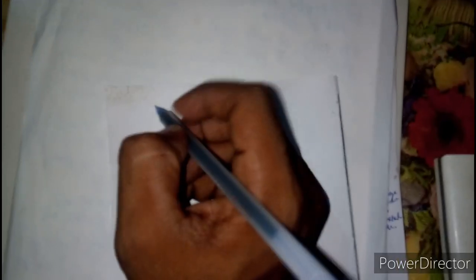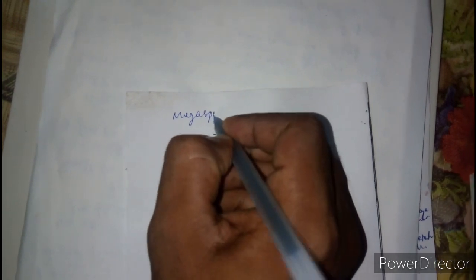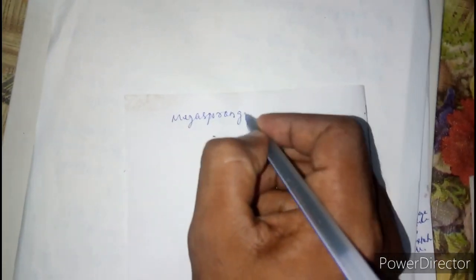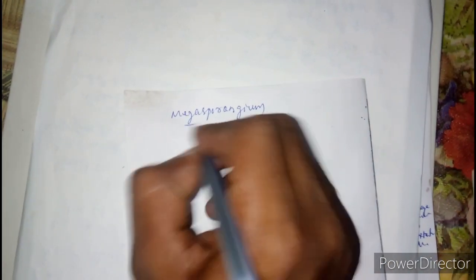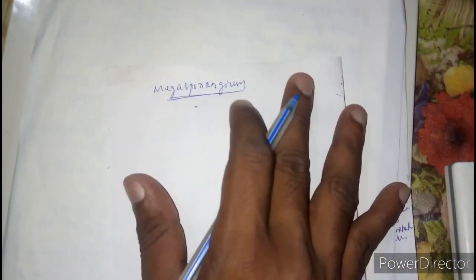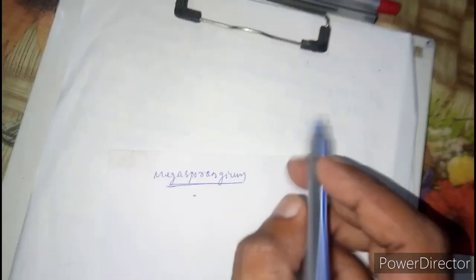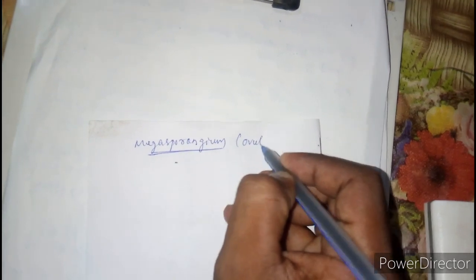Next topic of discussion is megasporangium, otherwise termed the ovule. Now we'll see the structure of the ovule. Ovule is a small structure attached to the placenta by means of a stalk called the funicle.